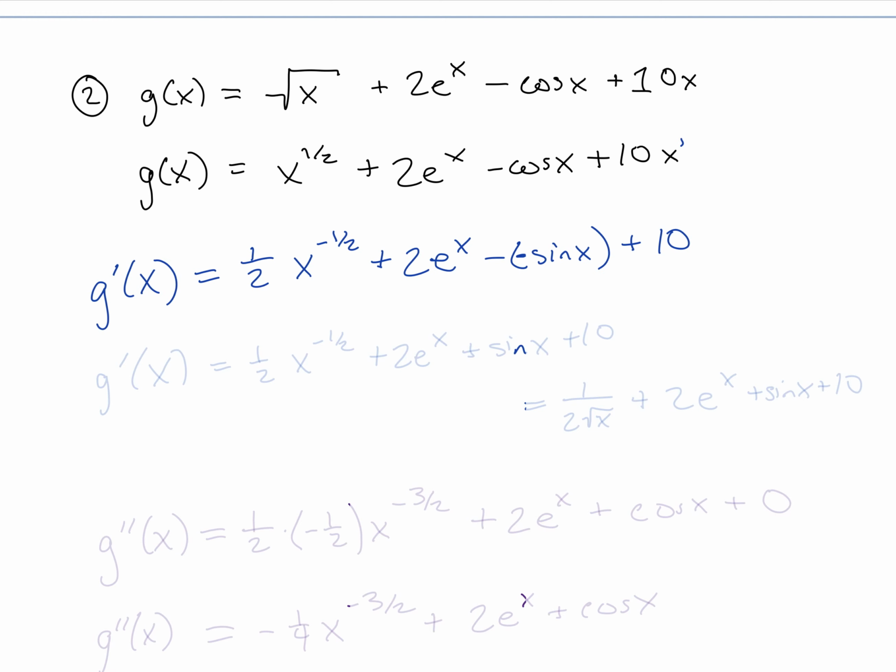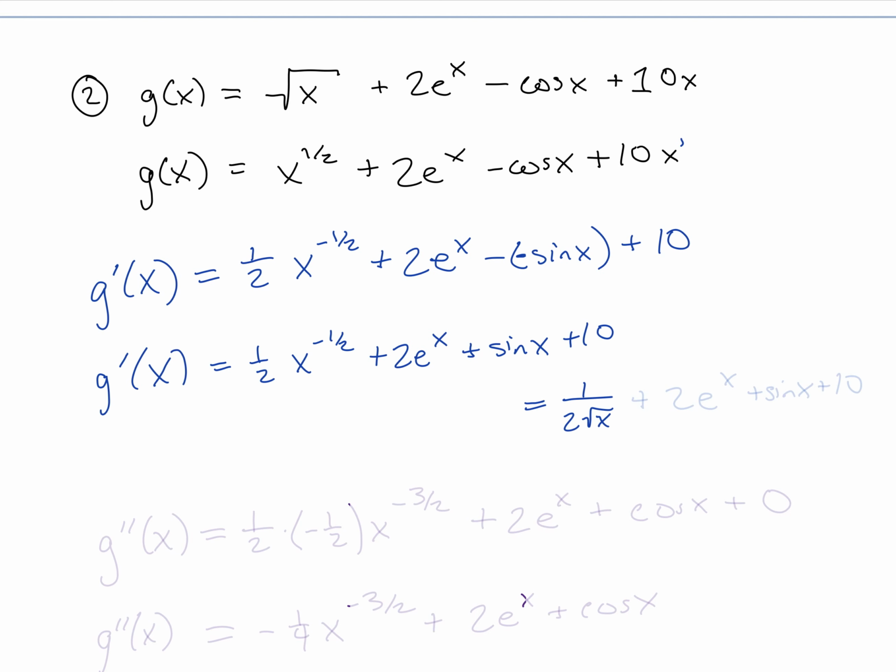So now we can simplify that. g prime of x is equal to 1/2 x to the negative 1/2 plus 2e to the x minus a negative, so plus sine of x plus 10. If we wished, we could rewrite 1/2 x to the negative 1/2 as 1 over 2 square root x.